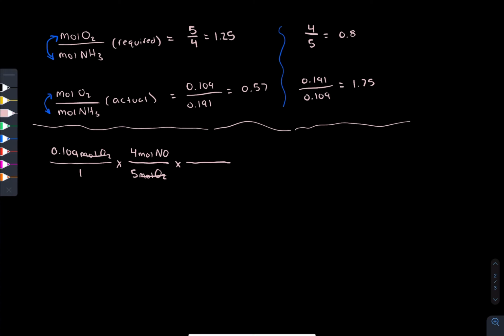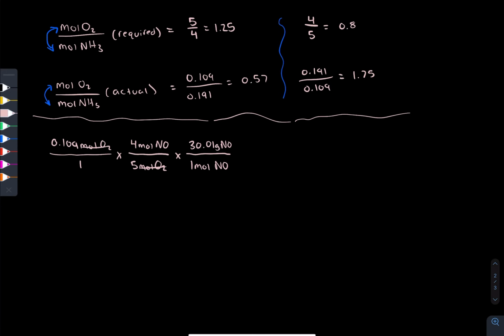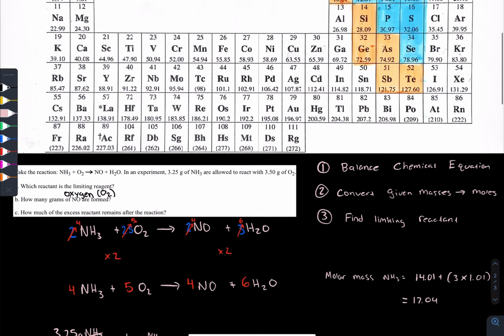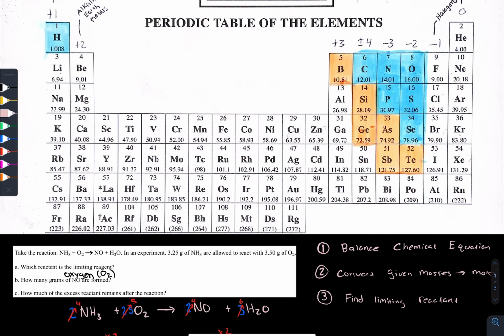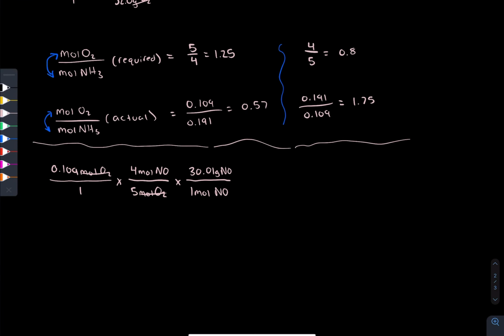So we know 1 mole of NO is equal to 30.01 grams of NO, which we found just by coming to our periodic table, and oxygen is 16 and nitrogen is 14.01. So 16 plus 14 is 30, and then adding that 0.01 is going to be 30.01. So that's where we got that from.